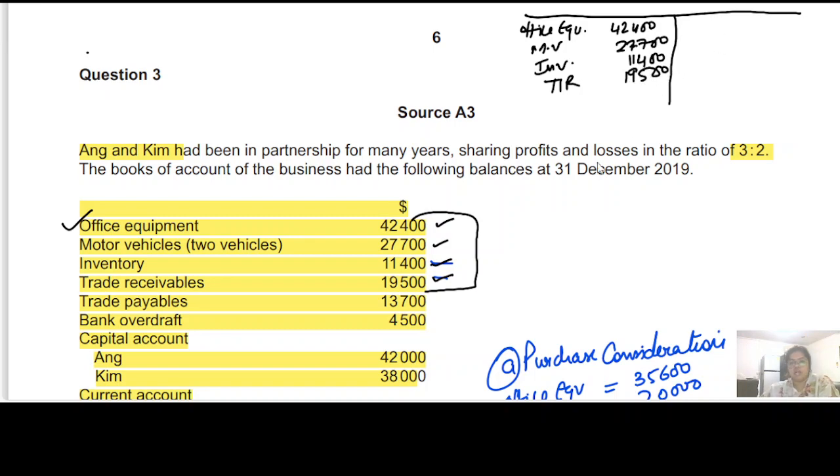Then we are having a liability, trade payable. Liability we have to record on this side, trade payable 13,700.